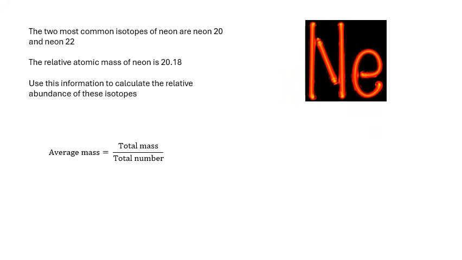So average mass, total mass divided by total number. Let's call that 100 because it's percentage. Here we have R times 20. So that's the neon-20. 100 minus R, so that's the neon-22, times 22, divided by 100. And we know that that's 20.18. So multiply it out.